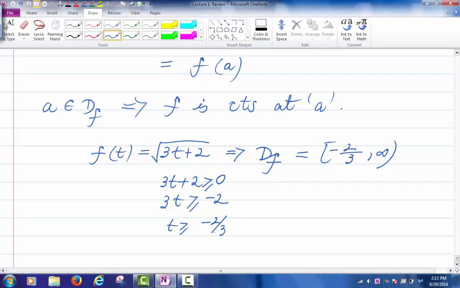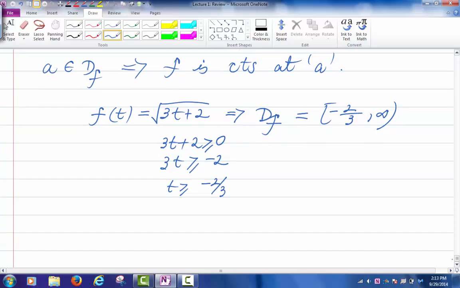So the quantity inside the root is non-negative when t is larger than negative 2/3. So that's why that's the domain. And so we could say that this function that I have is continuous on its domain, which is negative 2/3 to infinity.